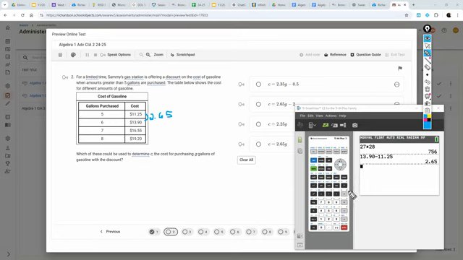Now I can add that. Let me see, if I add the 2.65 to 13.9, what do I get? 16.55.